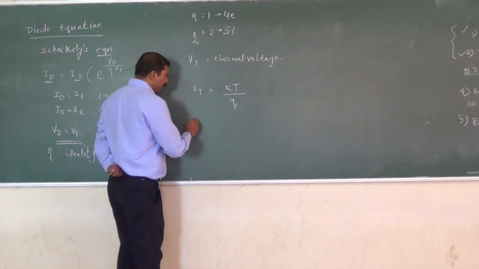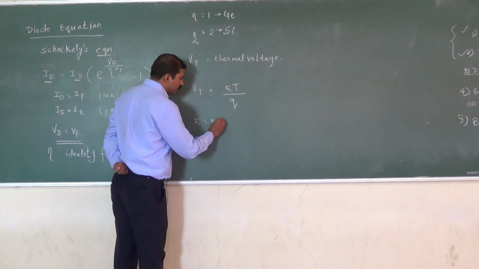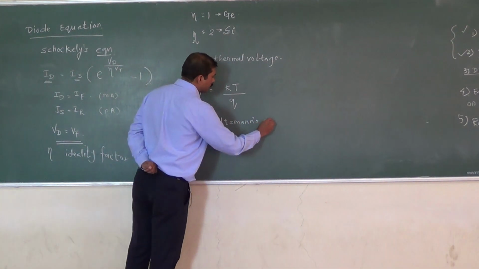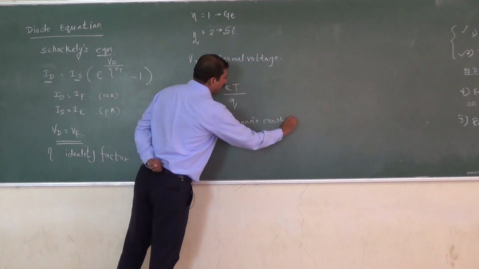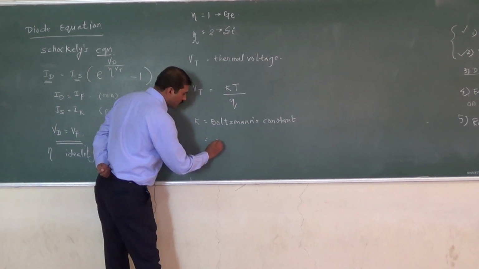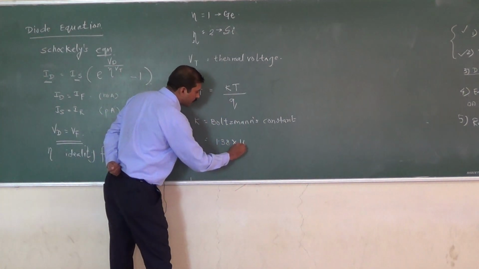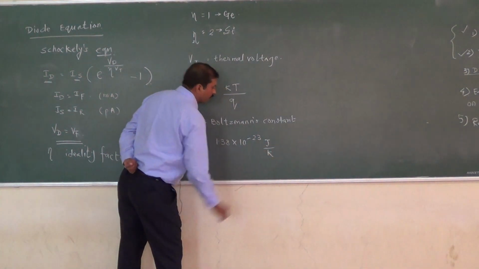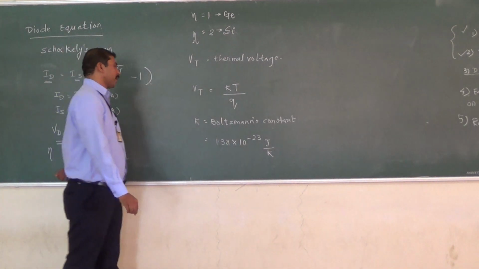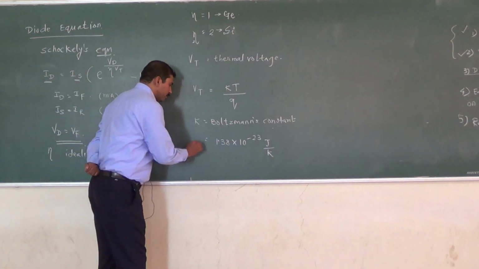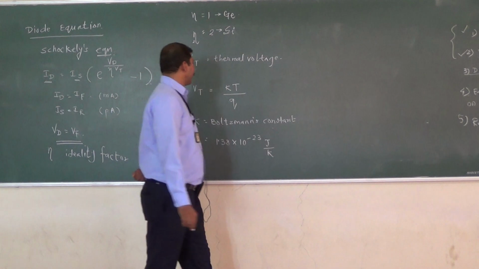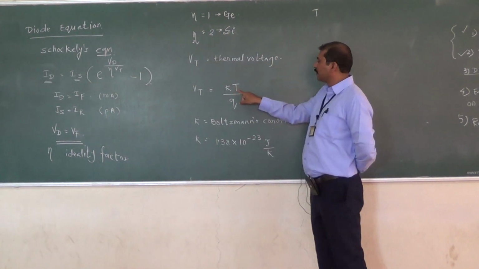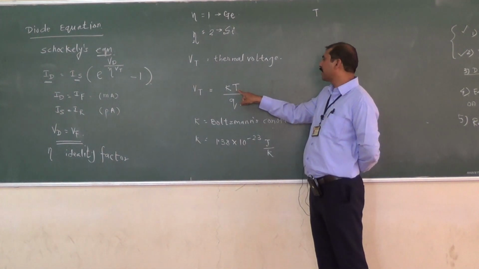K is the Boltzmann constant, and its value is 1.38 into 10 raised to power minus 23 joules per Kelvin. So this is a constant, and T represents temperature in kelvins.